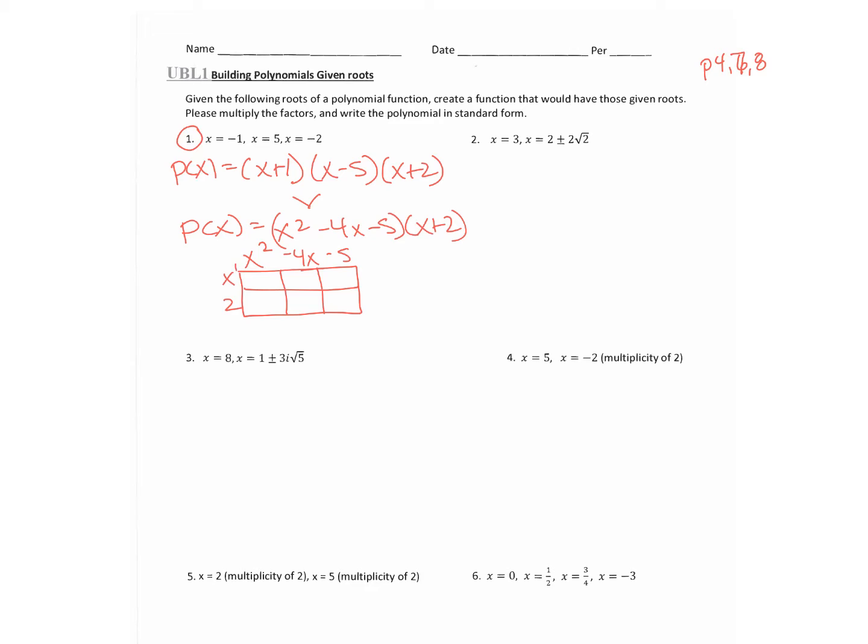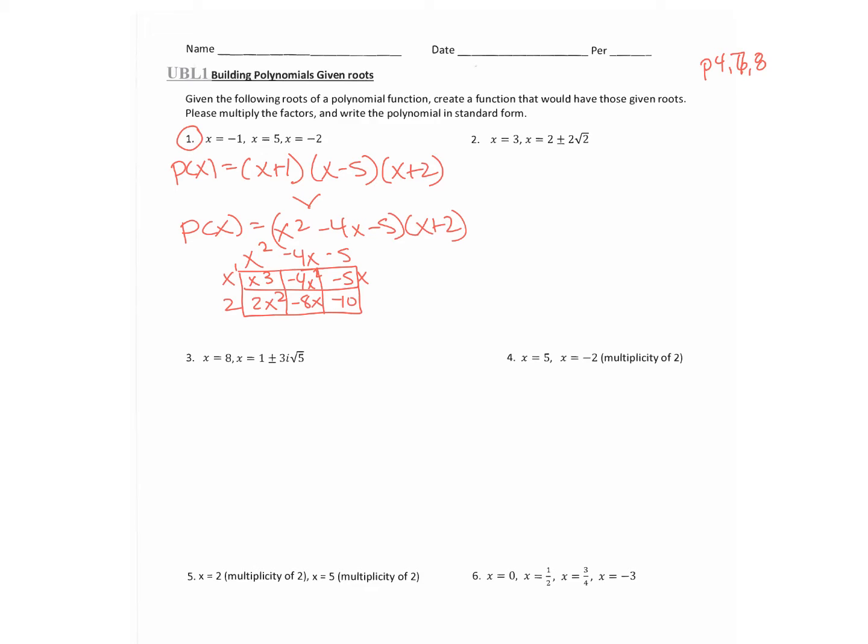So x squared times x to the first is x cubed. When we're multiplying like bases, we add the exponents. When we're dividing like bases, as in factoring, we subtract the exponents. So x times -4x is what? -4x squared. Then I get a -5x, 2x squared on the bottom, what? -8x and -10.